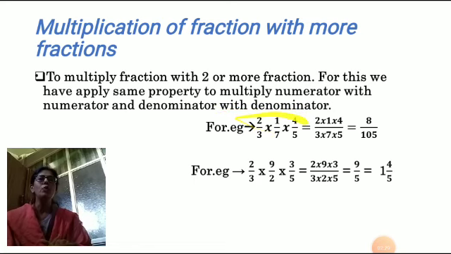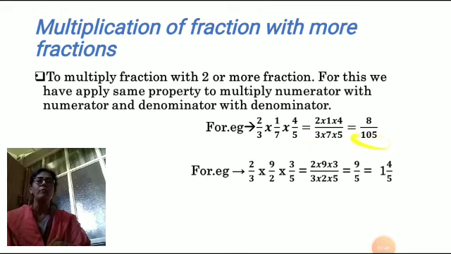First we multiply all the numerators, that means 2 multiplied by 1 multiplied by 4, and then the denominators, 3 multiplied by 7 multiplied by 5. Multiplying the numerators 2 into 1 into 4 we get 8, and 3 into 7 into 5 we get 105. So our answer is 8 upon 105, right?